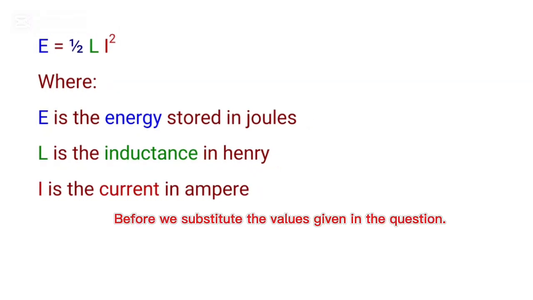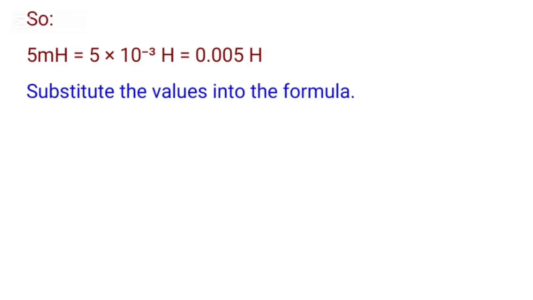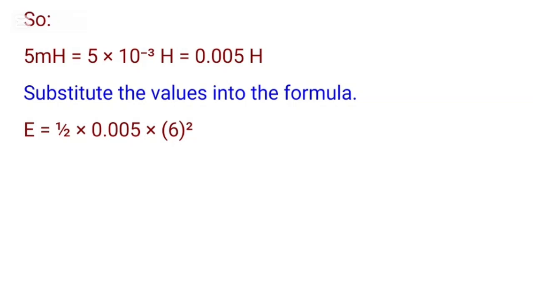Before we substitute the values given in the question, remember that millihenry must be converted to Henry. So 5 millihenry is equal to 5 times 10 raised to the power minus 3 Henry, which is equal to 0.005 Henry. Substitute the values into the formula. E is equal to half times 0.005 times 6 squared.